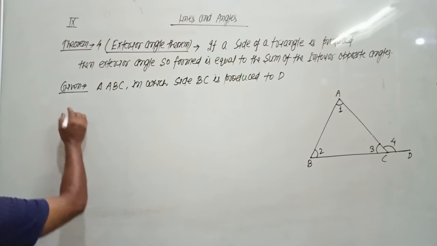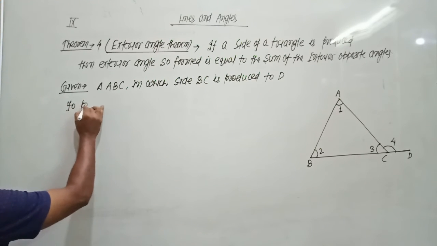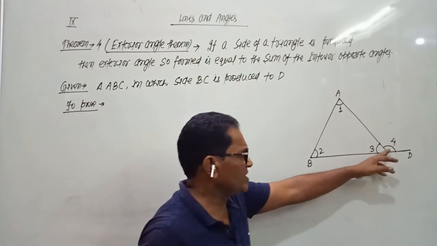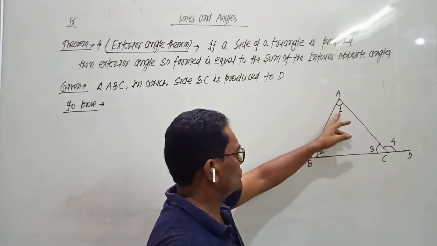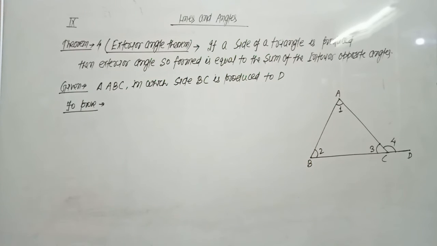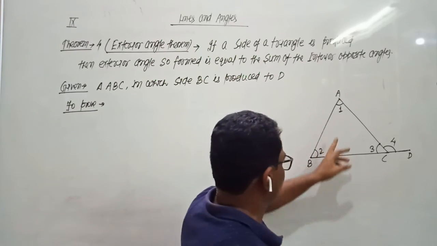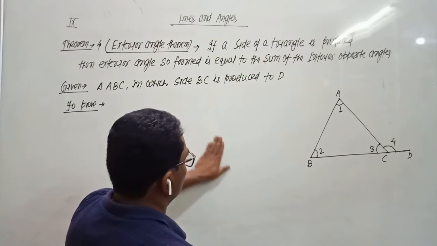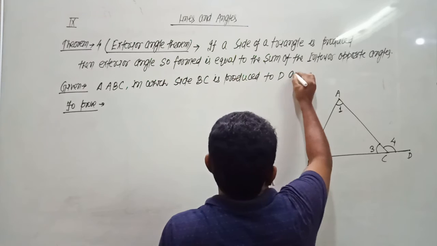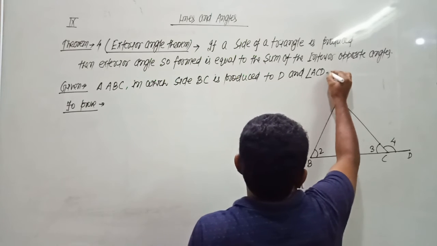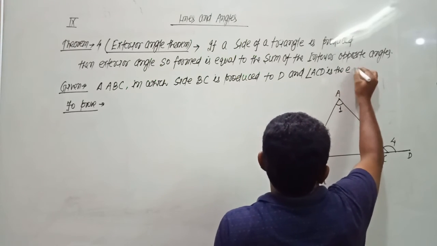To prove: the exterior angle so formed, angle 4, is equal to the sum of the interior opposite angles. Means we have to prove that angle 4 equals angle 1 plus angle 2, because angle 4 is the exterior angle in which side BC is produced, and angle ACD is the exterior angle.